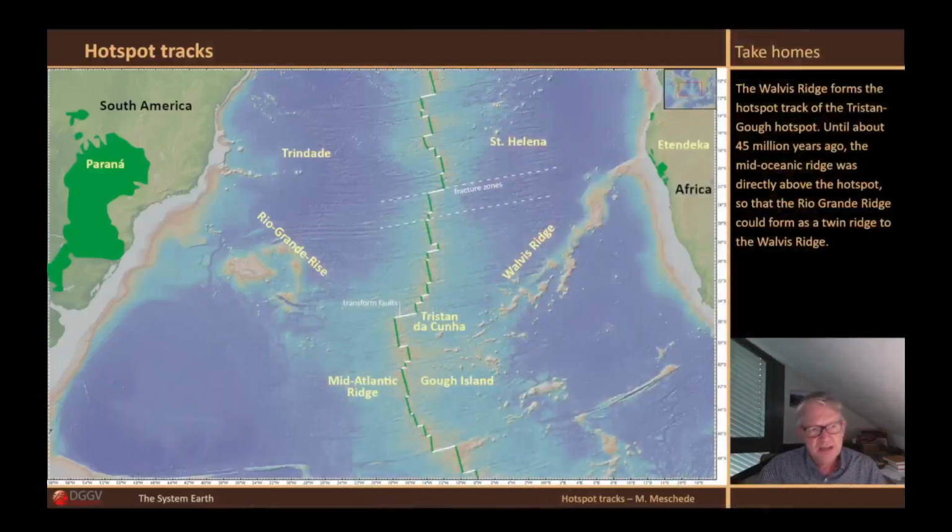We can understand this quite well by looking at a submarine ridge in the South Atlantic, the so-called Walvis Ridge, which extends from the hotspot to the African coast, finally extending into the basaltic rocks of the Etendeka Plateau. The hotspot is today located entirely on the African plate, approximately in the area of the islands of Tristan da Cunha and Gough Island.